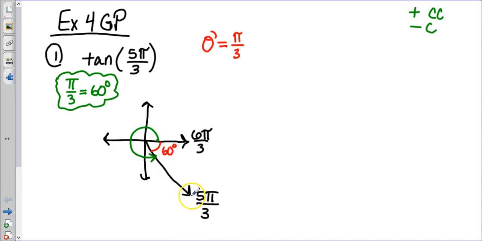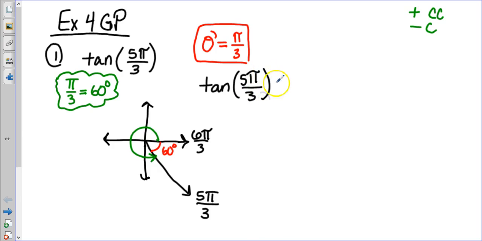Another way to think of it is, to get from 5 pi over 3 to 6 pi over 3, I have to add pi over 3. So this means that tangent of 5 pi divided by 3 equals tangent of pi over 3.